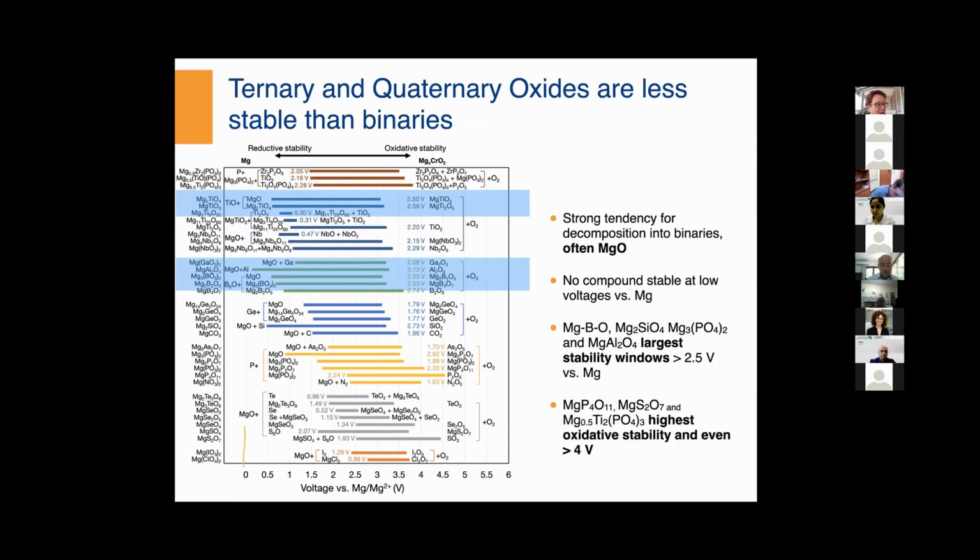Again, at 0, you have the reference of your magnesium metal, and the voltage grows with respect to the x-axis, mimicking the potential voltage of a cathode.